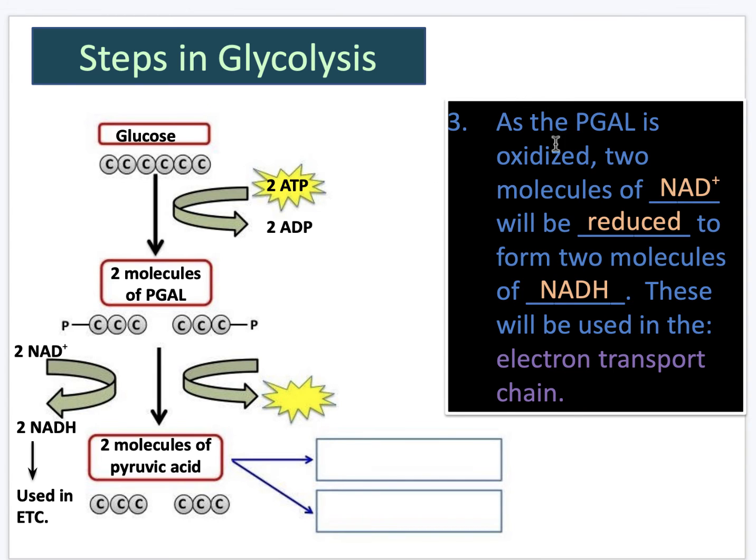As the PGAL is oxidized, 2 molecules of NAD+ will be reduced to 2 molecules of NADH. These will be used in the electron transport chain because we've got this extra hydrogen that has now been attached that is acting as an ion.